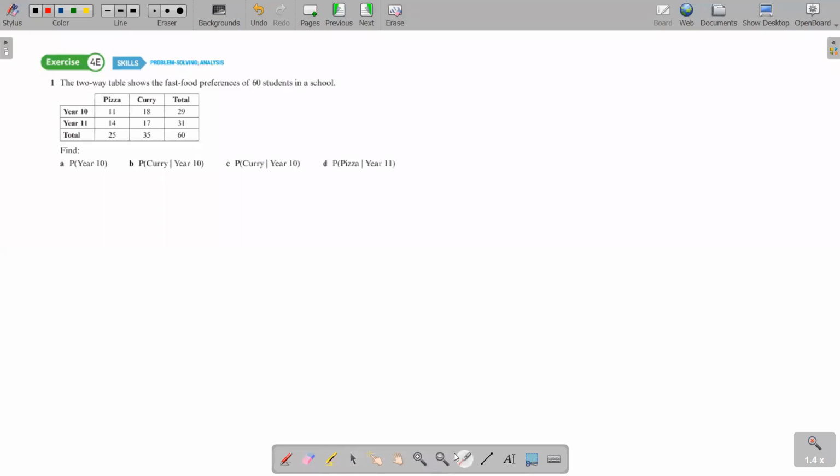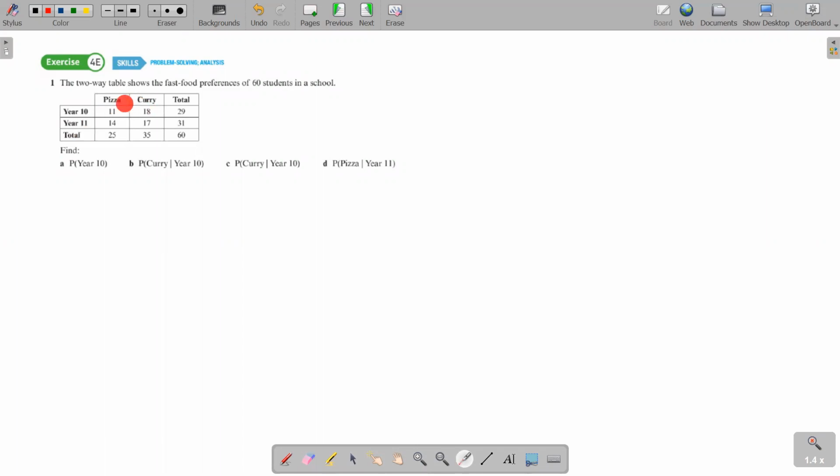All right, guys. Let's move on to exercise 4E and then the question. In this exercise, first we will learn how to actually find this kind of conditional probability. They say here the two-way table shows the fast food preference of 60 students in a school. So you have here a two-way table.